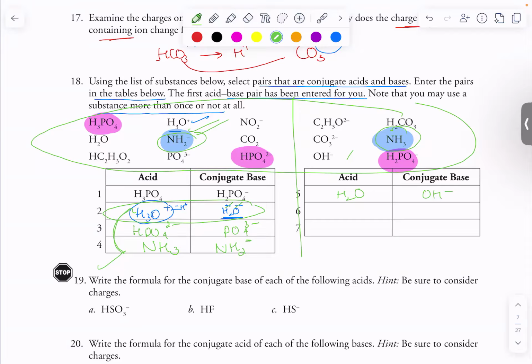H2CO3 would become HCO3 minus, but that's not in the list. CO3 2 minus would be HCO3 minus. I don't see that.